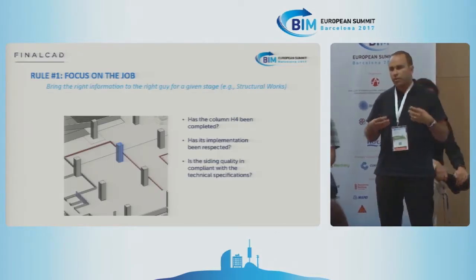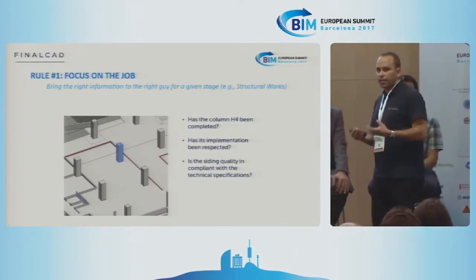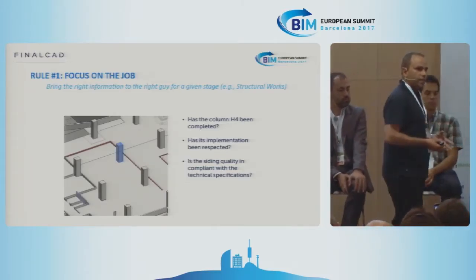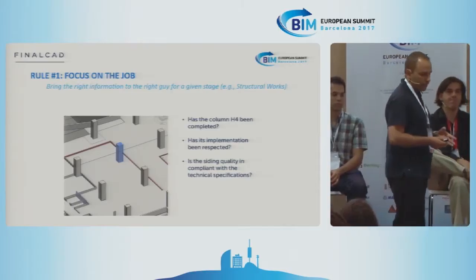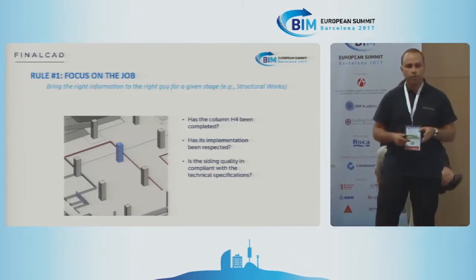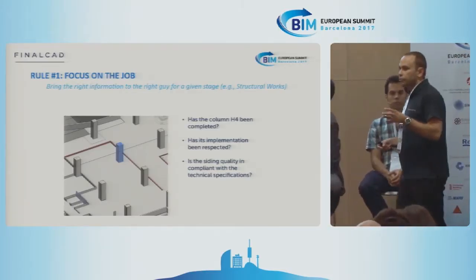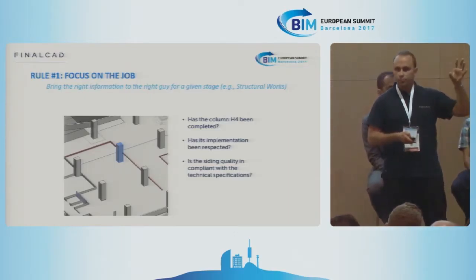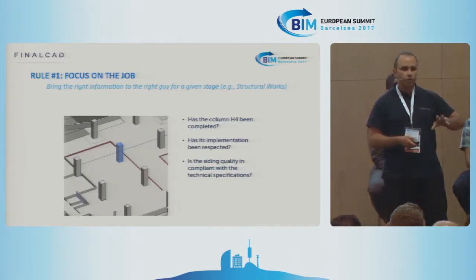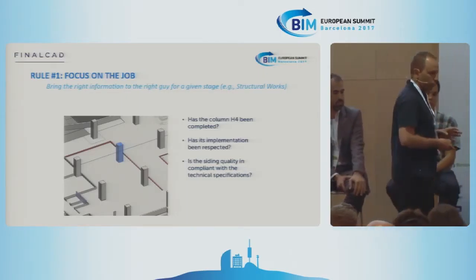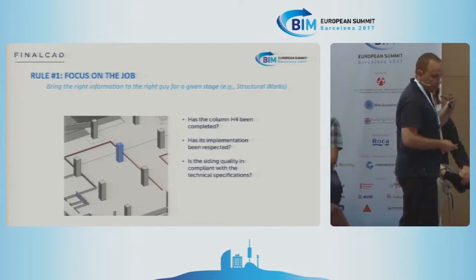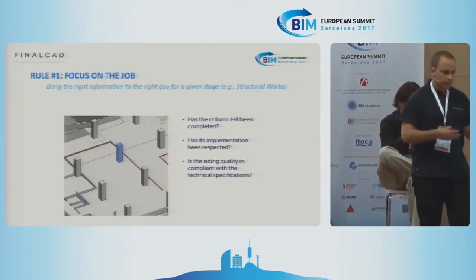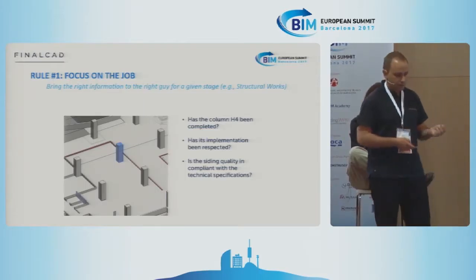So what we do is we pre-filter, we pre-select elements of interest for a given phase, for a given stakeholder at a given time. So for instance, here for structural work, let's assume we have to do quality control on those pillars. We will select the pillars one by one for them to do the quality control with the why questions, like is it compliant, has the implementation been respected, are the dimensions okay, is the material okay, and so on.